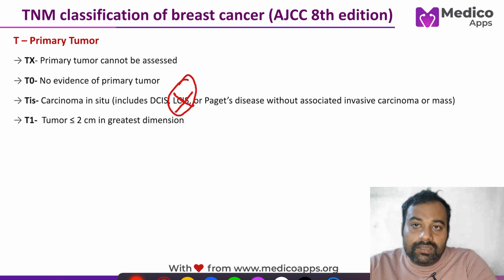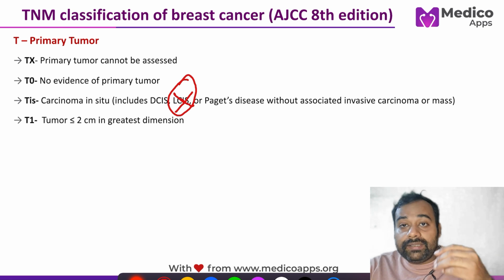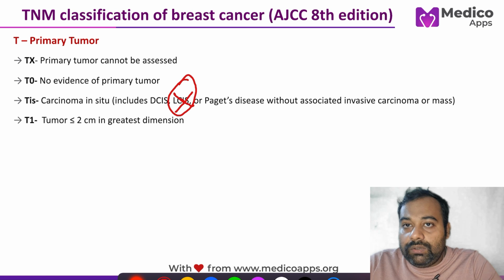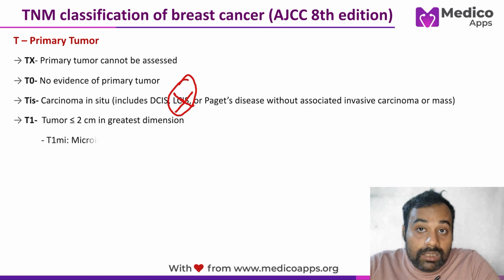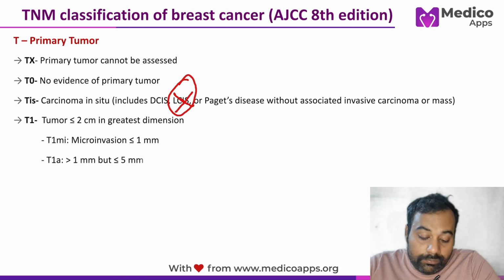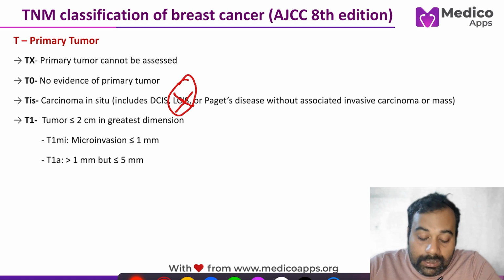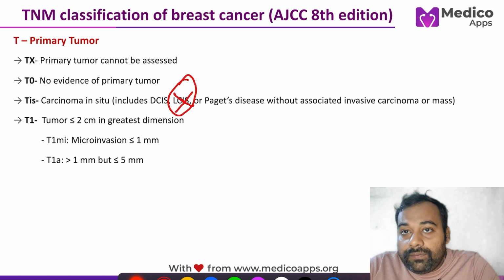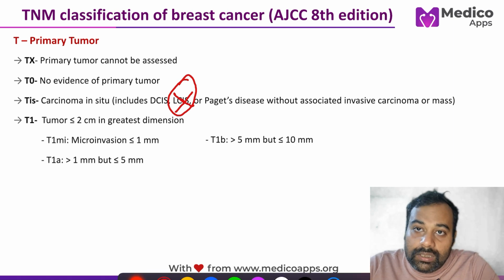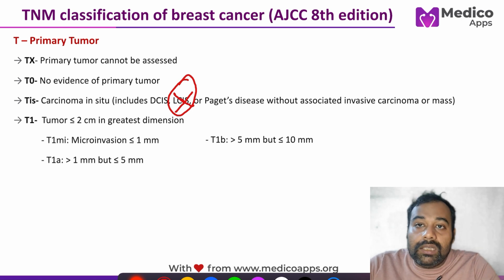Then we have the T1 staging. T1 is a tumor size up to 2 centimeters. T1 is again subclassified into T1mi, that is tumor less than 1 millimeter. T1a is 1 millimeter to 5 millimeter tumor. From 5 millimeter to 10 millimeter is T1b.